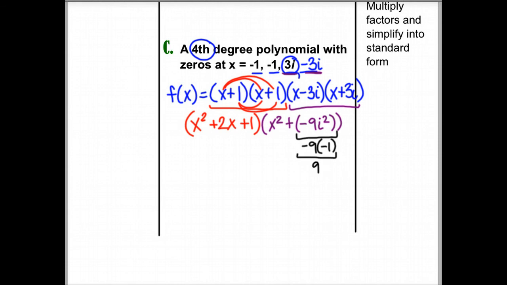And so to rewrite this, I've got x squared plus 2x plus 1 times x squared plus 9.